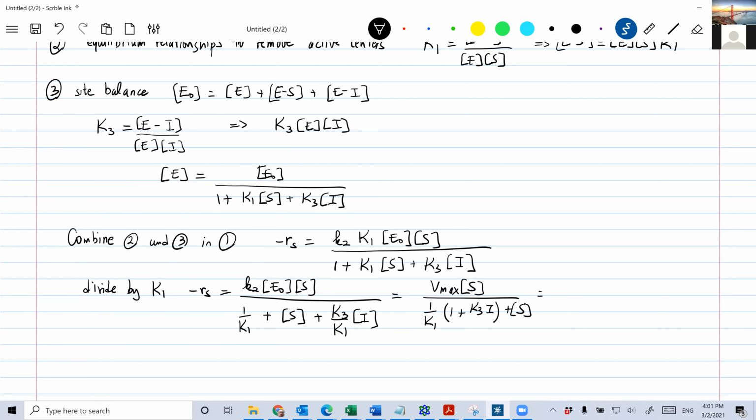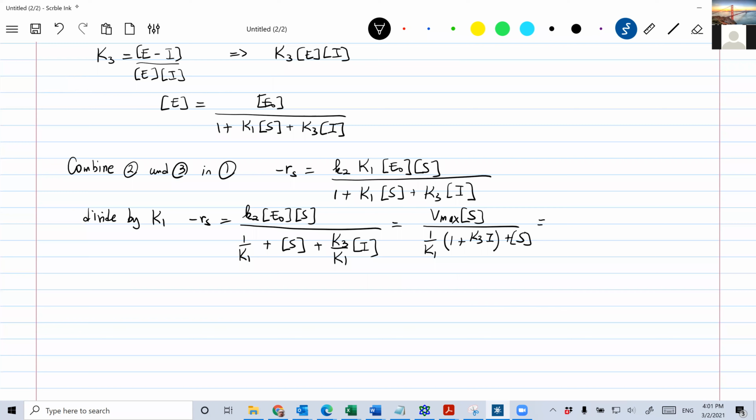We're going to do 2 more small changes. If we talked about how K3 is the rate of formation of the enzyme inhibitor complex, we can change that to the rate of dissociation of the enzyme inhibitor complex, which is often what is reported.